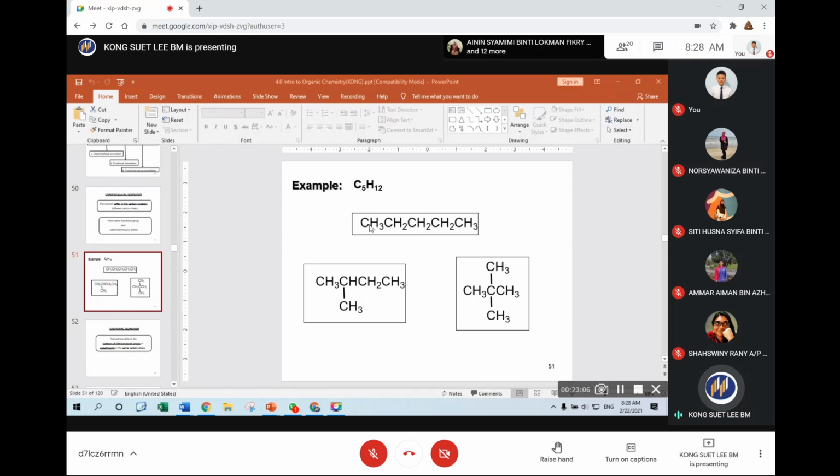Okay, but you check, this is a straight chain. This one is pentane. This one with 1 branch is butane, and then this one with 2 branches is propane. But when you check, all are C5H12. Okay, this is chain isomer.